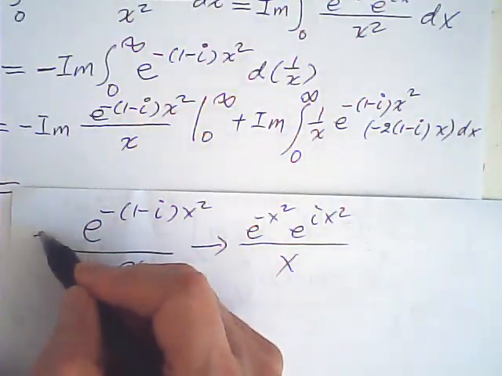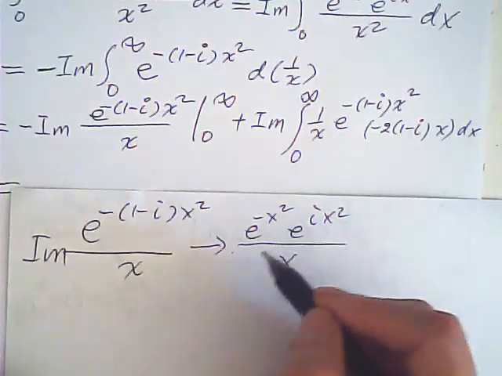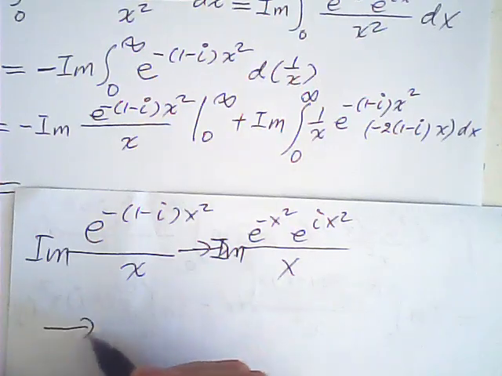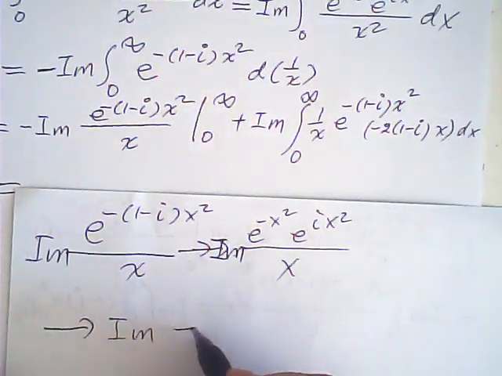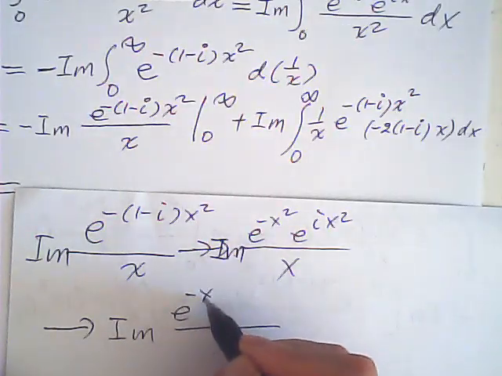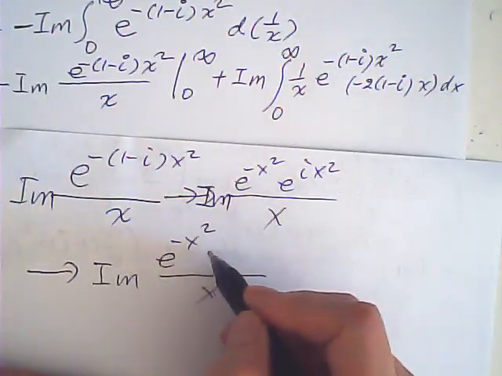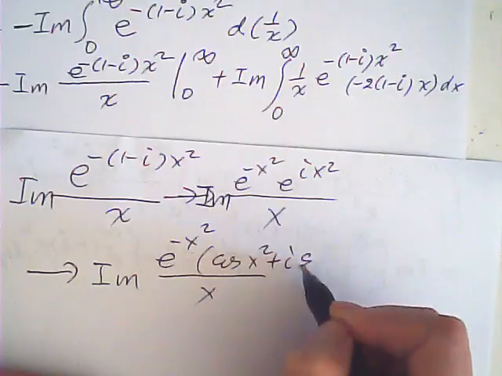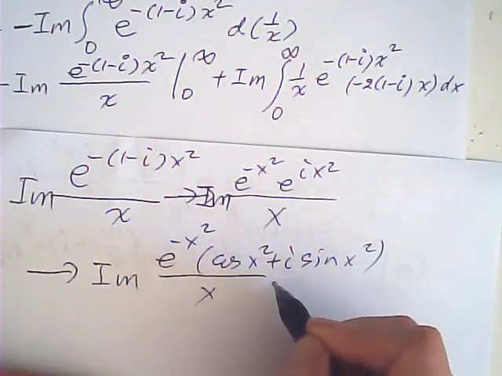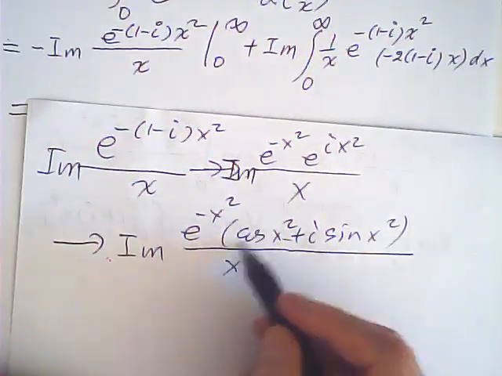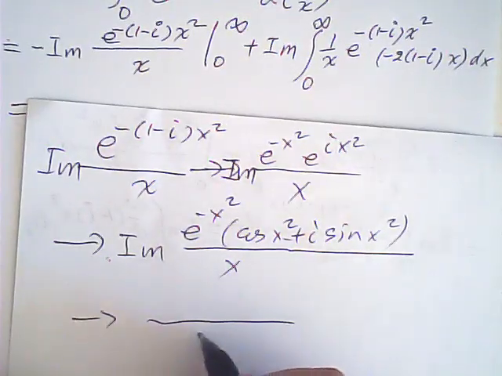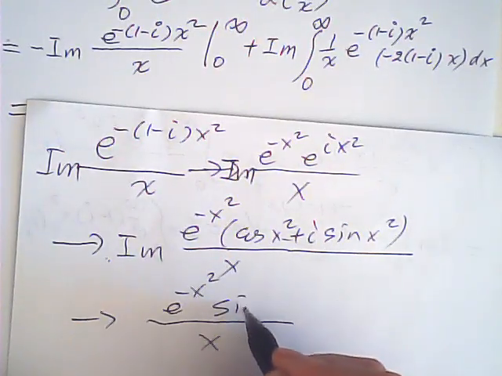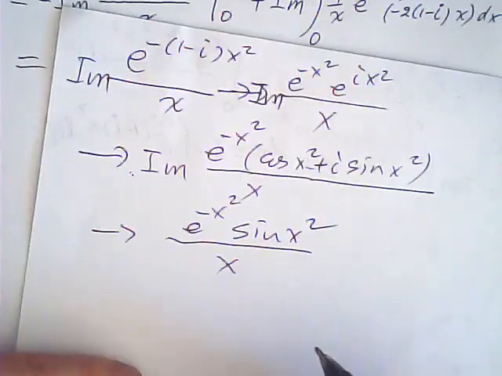Imaginary part, this one approaches the imaginary part. e to the i x squared is cosine x squared plus i sine x squared. Imaginary part, therefore, the cosine is gone. This is approaching x and sine x squared.